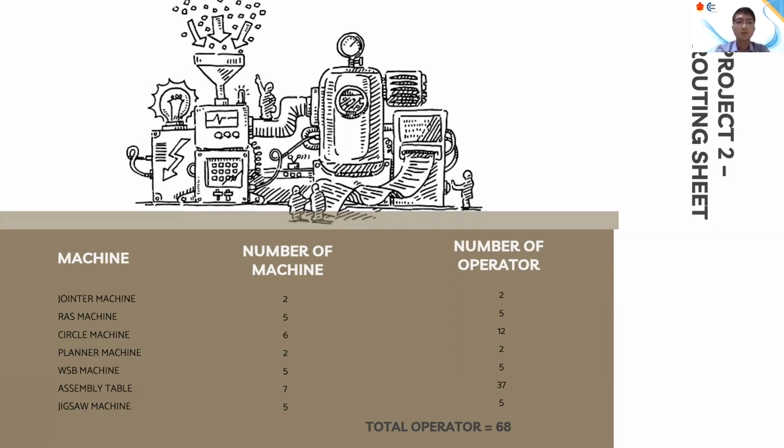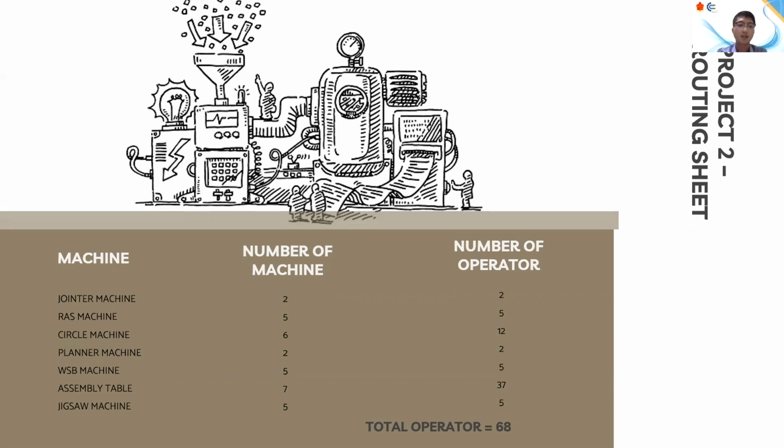From project 2, we decide the kinds of machines, the total machines that we need, and the number of operators for each machine. We decide the number from the fixed equivalent from the forecast calculation of demand units per year. The large equivalent number is 83.